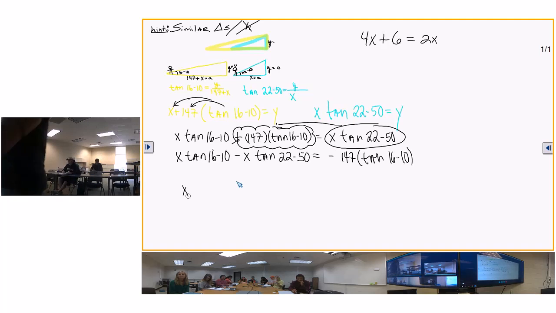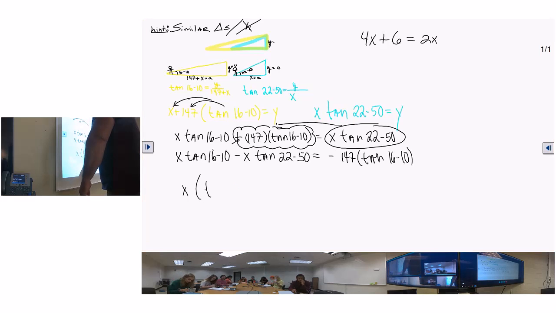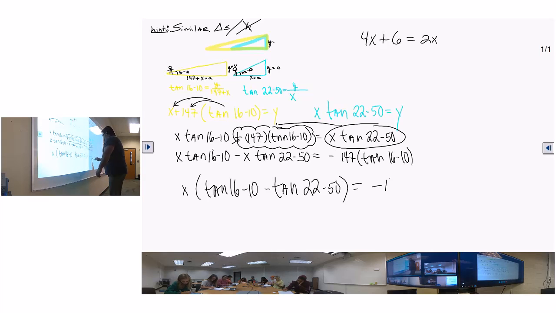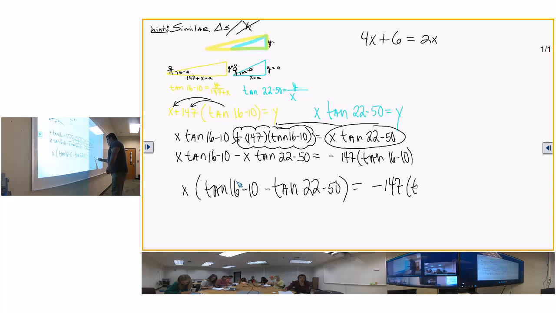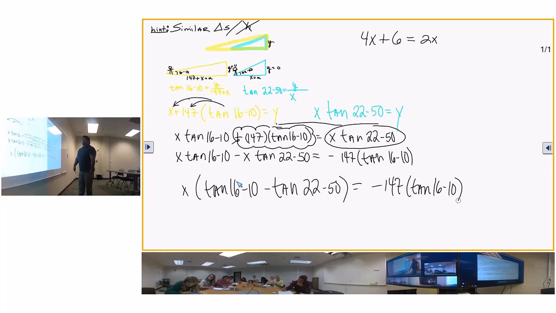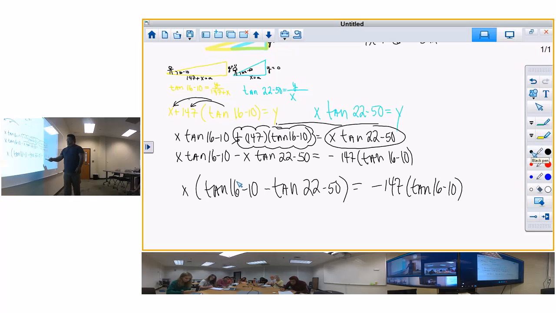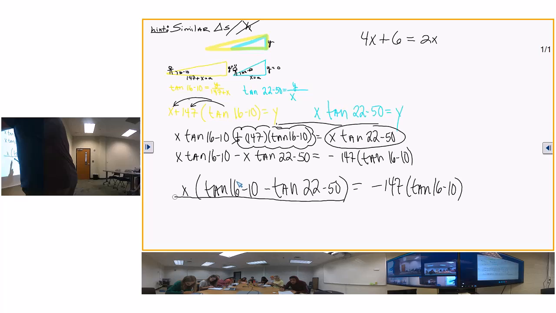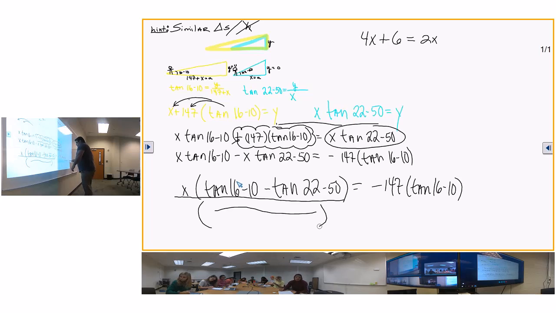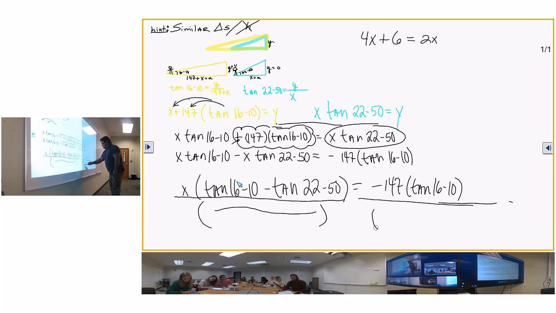Factor out an x. You get tangent of 16.10 minus the tangent of 22.50 is equal to negative 147 tan of 16.10. And now what do I do to get x by itself? Divide by all that stuff. So I'm going to divide by all that stuff, and then divide by all that stuff.